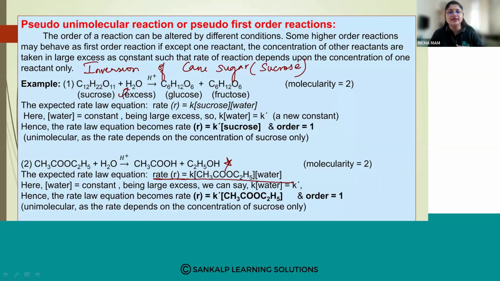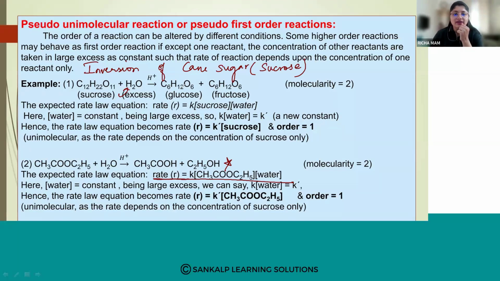So again, here also you can see the reaction is a bimolecular reaction because it depends on the concentration of two molecules. Two reacting species are involved. But the water concentration is more, so that is not altering the rate of reaction.